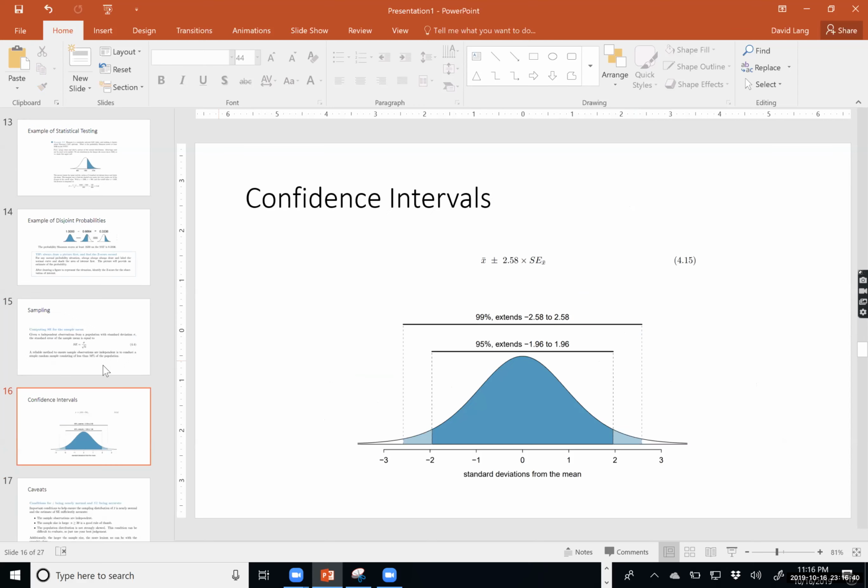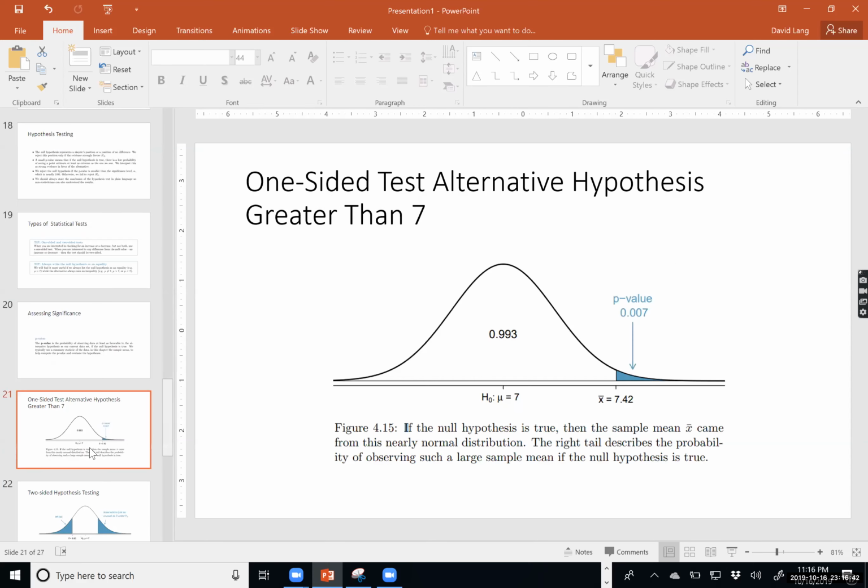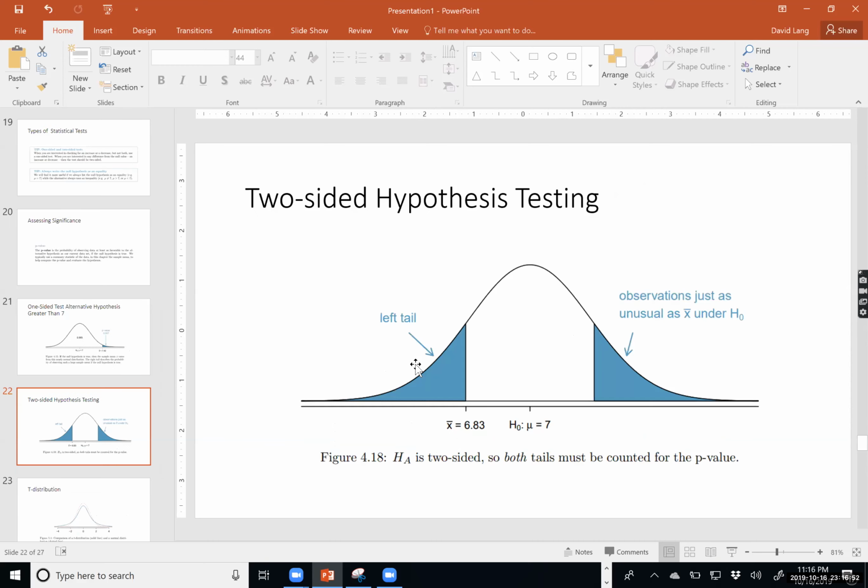And then there are these things called two-sided tests, where you're assessing how likely it is that your value is just something different than the underlying population mean. And then what you would want to do is not just count the probability to the right of a particular value, you'd also want to incorporate the left-hand side.